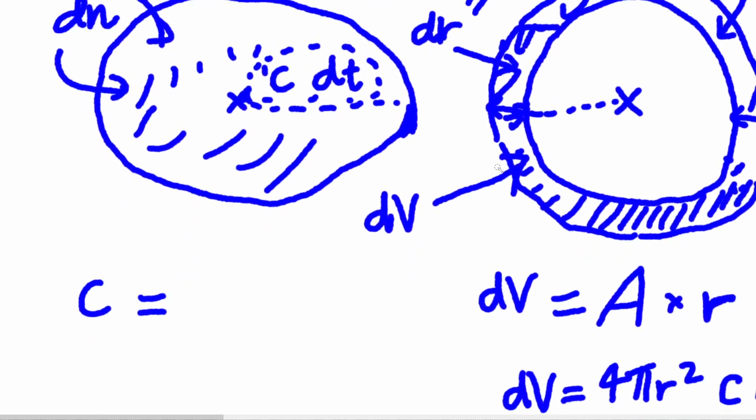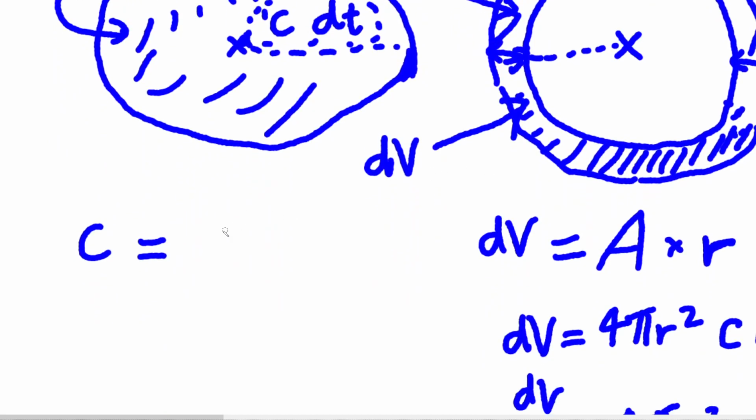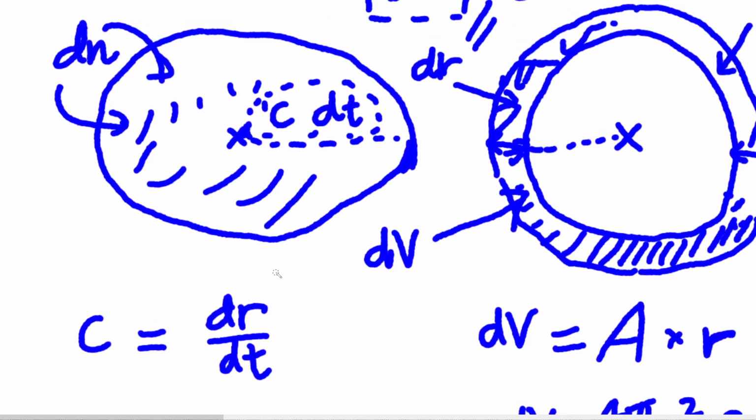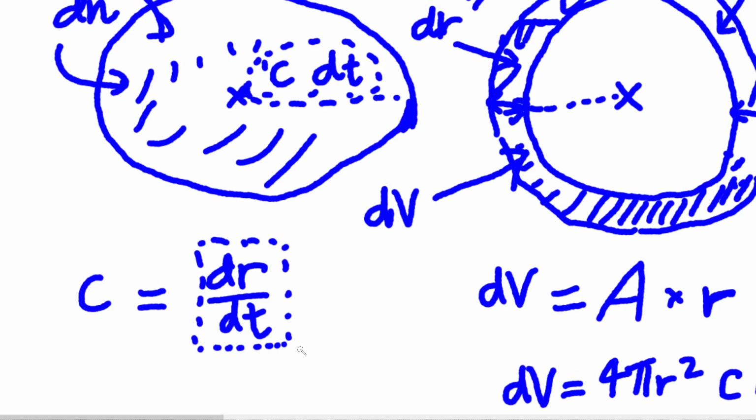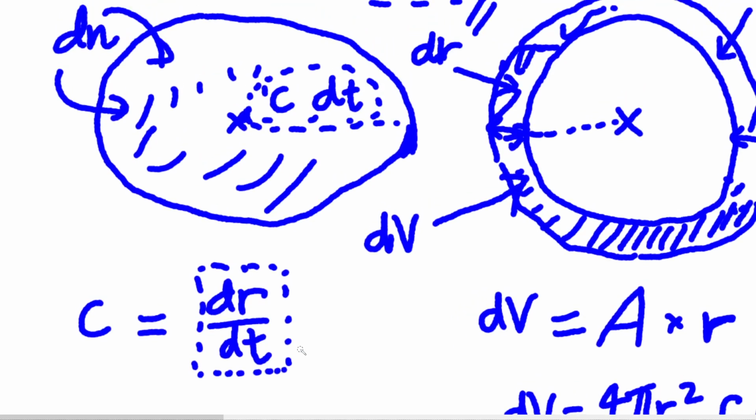But I want you to consider that the speed of light, therefore, must be dr by dt. It's really difficult for me to explain fully the physical significance of this derivative, dr by dt. But essentially, I think you can think about it as if it were the speed at which the shell is expanding.